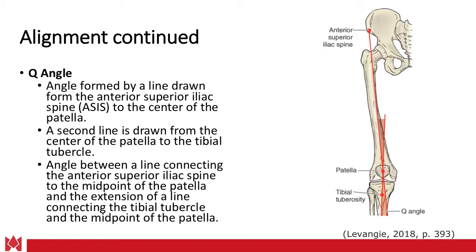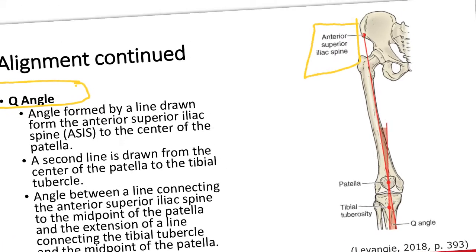Okay, so this next slide talks about something called the Q angle. The Q angle is the alignment of the pelvis, which is obviously connected to the femur, in relationship to the entire lower extremity. So we're going to take certain landmarks, and I'll zoom in on this so you can see it a little better.